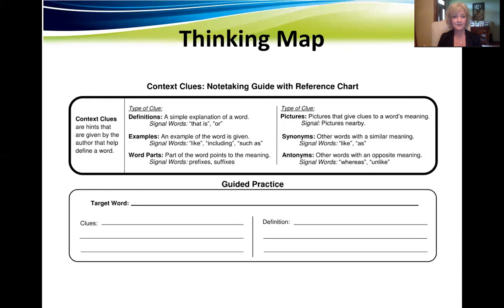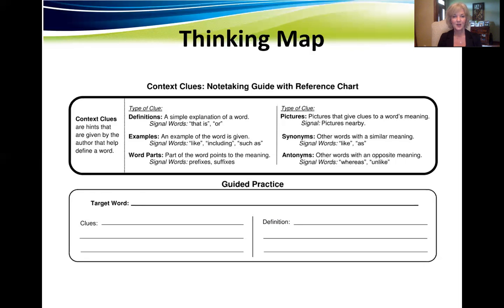There could be an example provided for us. A word part, all the prefixes and suffixes. Don't forget, if we can break the word down, maybe we could figure out the meaning. Pictures are included in the text. They might give us a clue. Synonyms, words that mean about the same, or antonyms, words that mean the opposite.